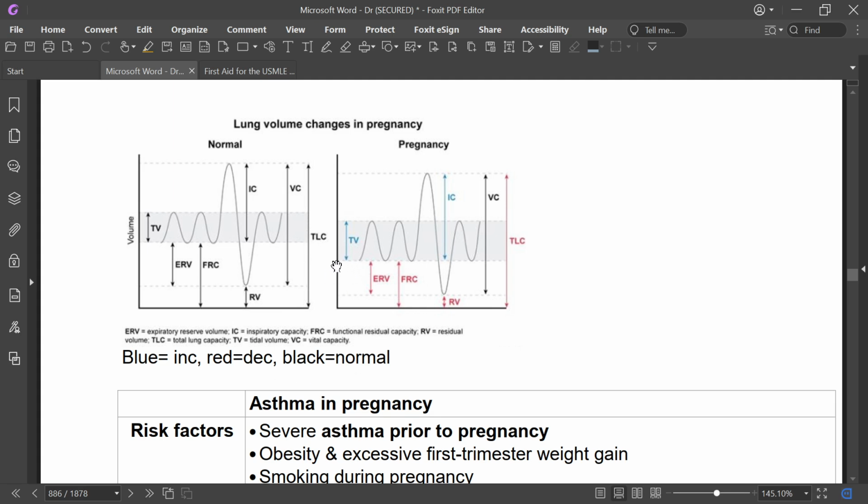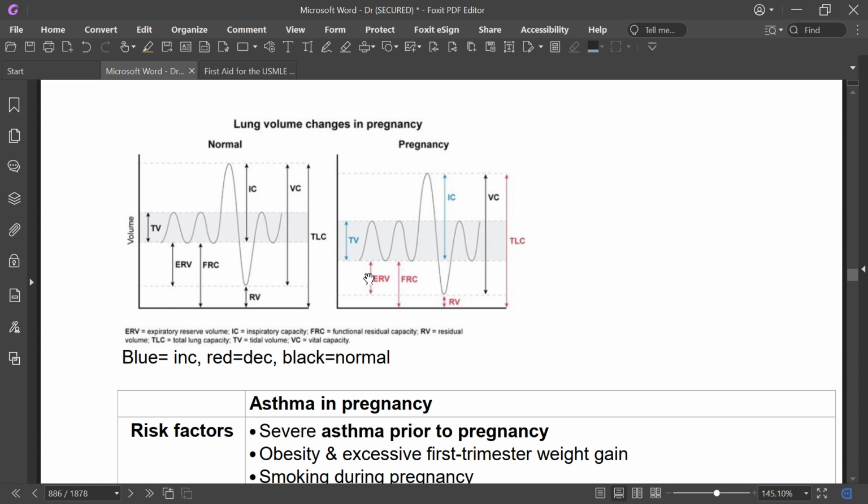So in pregnancy, tidal volume increases, inspiratory capacity increases. Vital capacity is normal, but expiratory reserve volume, functional residual capacity, and residual volume decrease.